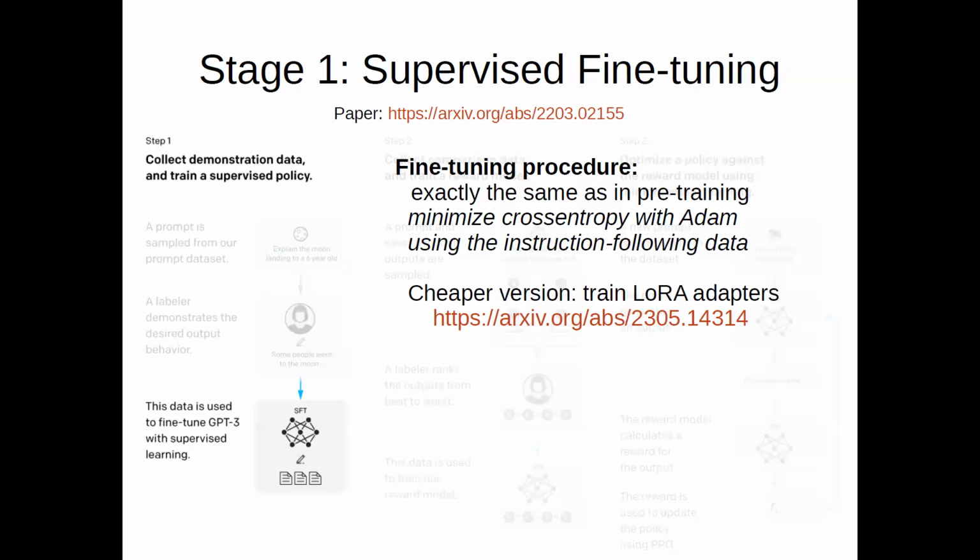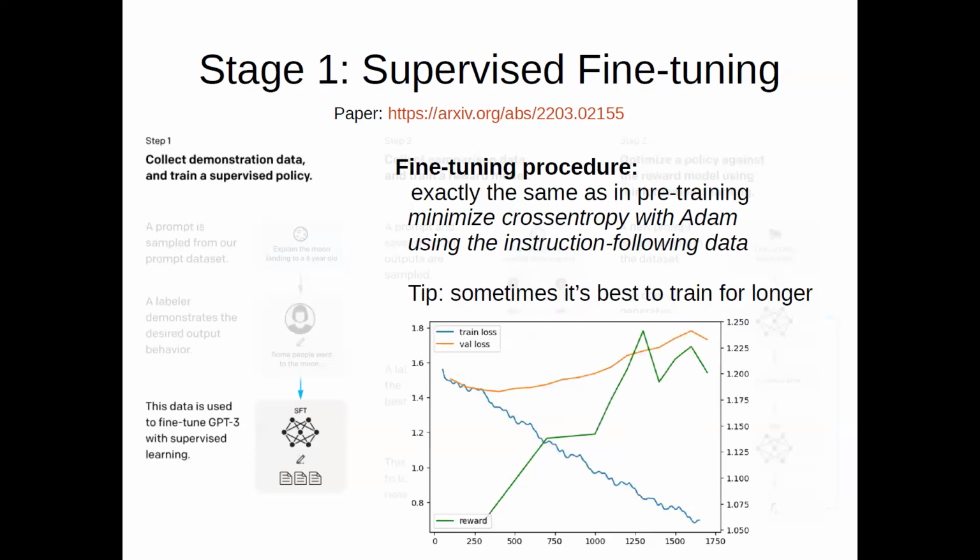But in practice, we should use low-rank adapters because, for example, a low-rank adapter will use 20 gigabytes of memory, and then it will be about 100 gigabytes for training. This is the observation from the company Yandex.